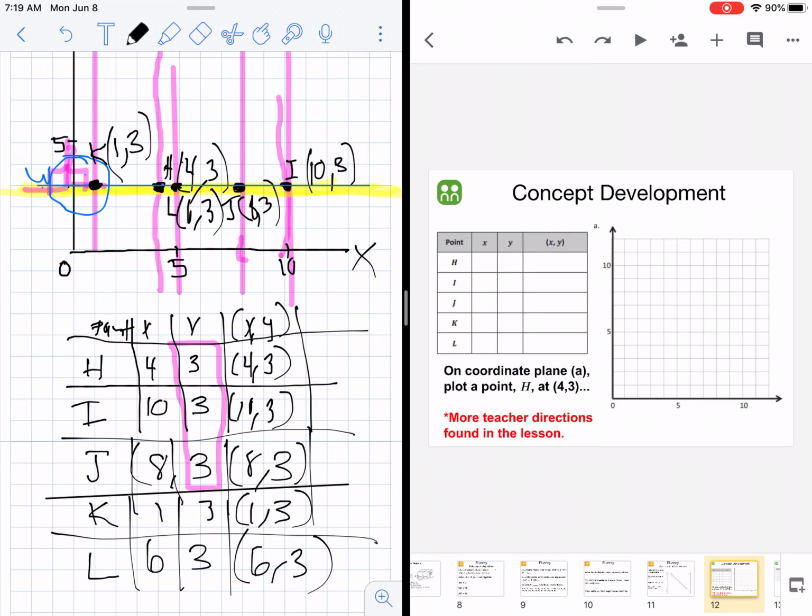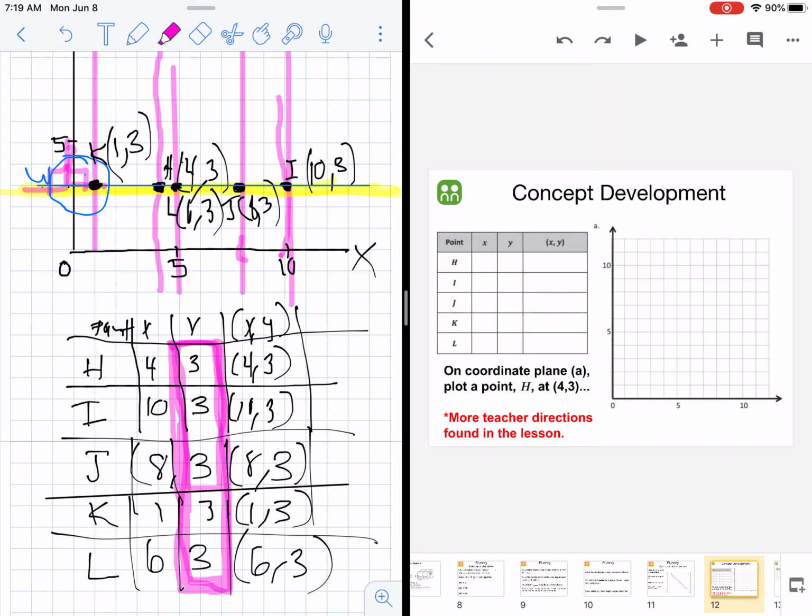So looking at the coordinates of this line, what can you conclude about the coordinate points on the same horizontal line? If there are coordinate points that are on the same horizontal line, they are all going to have the same y coordinate.